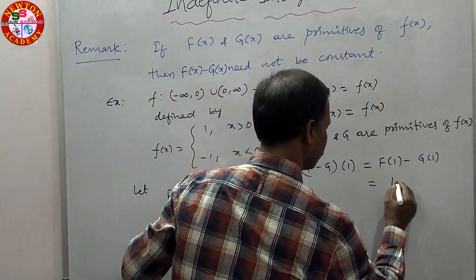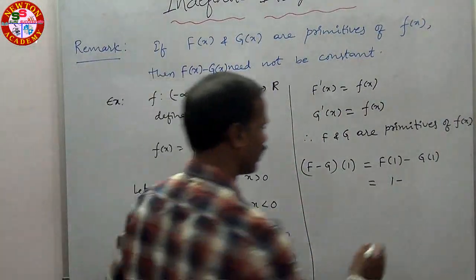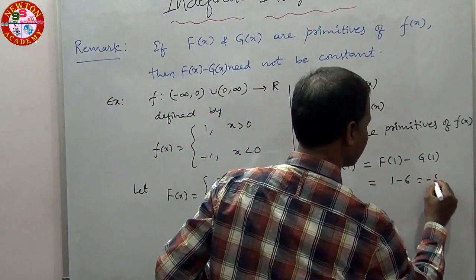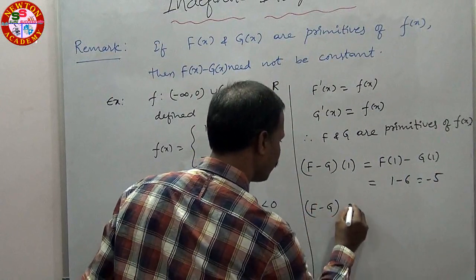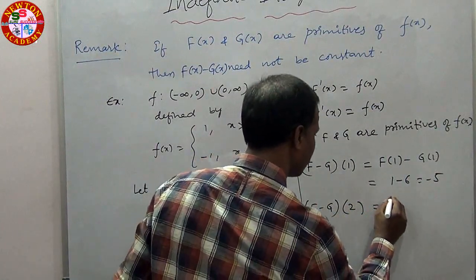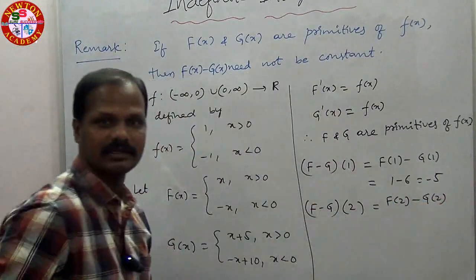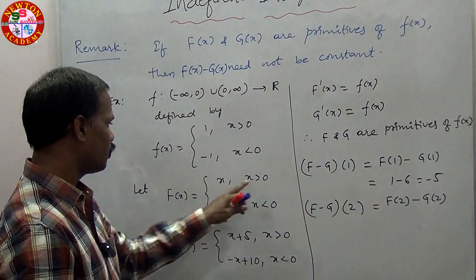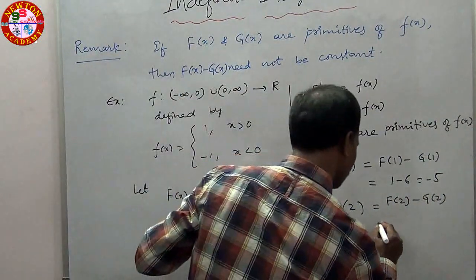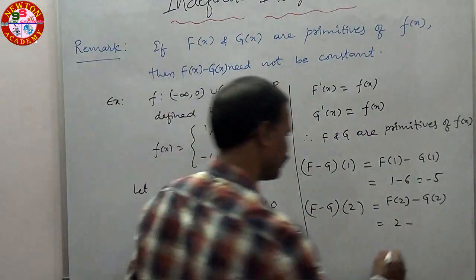G of 1 is 1 plus 5, which is 6. So the value is minus 5. Now (F minus G) of 2, which is F of 2 minus G of 2. F of 2 is 2, and G of 2 is 2 plus 5, 7.